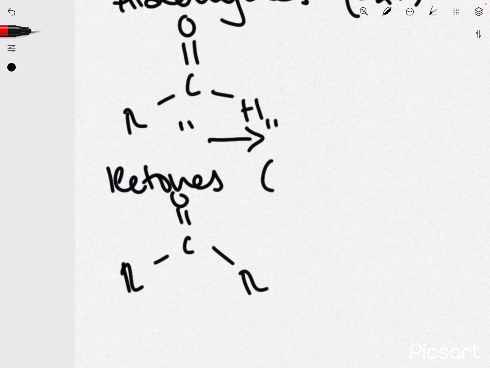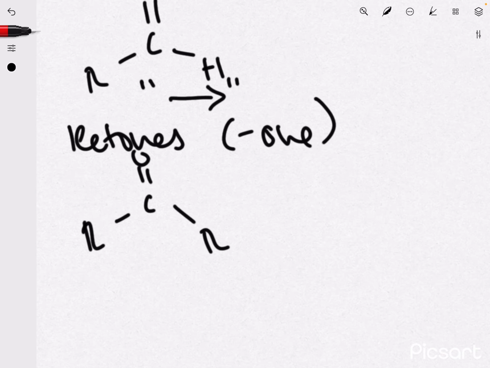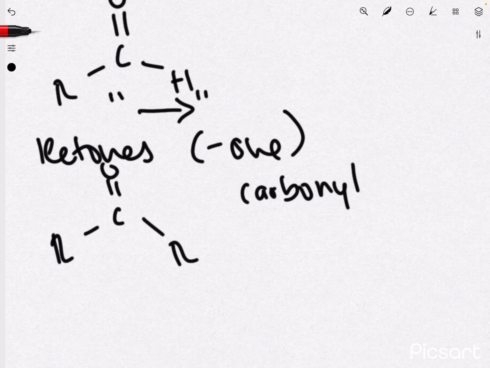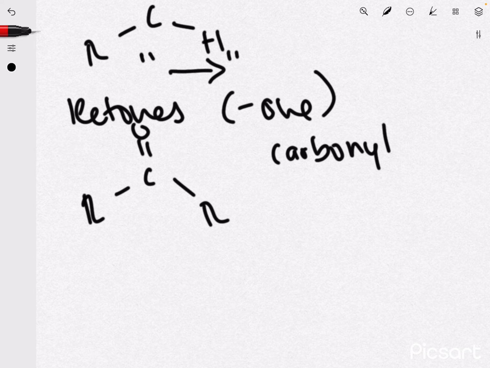So these will have a suffix of -one, and these are carbonyl functional groups. The functional group of an aldehyde is simply aldehyde. And as we said earlier, a ketone is just an aldehyde without the hydrogen, with another carbon group instead.